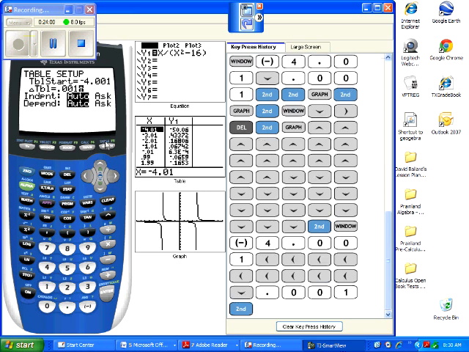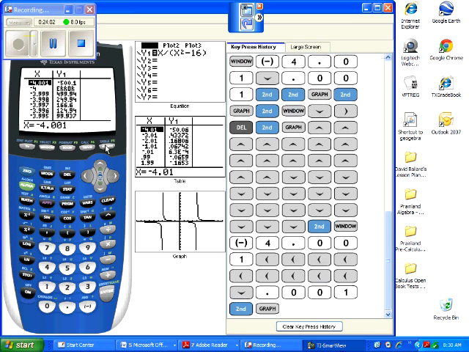Second table. Now we got big numbers. I was trying to get you some bigger numbers. Now we're at -500.